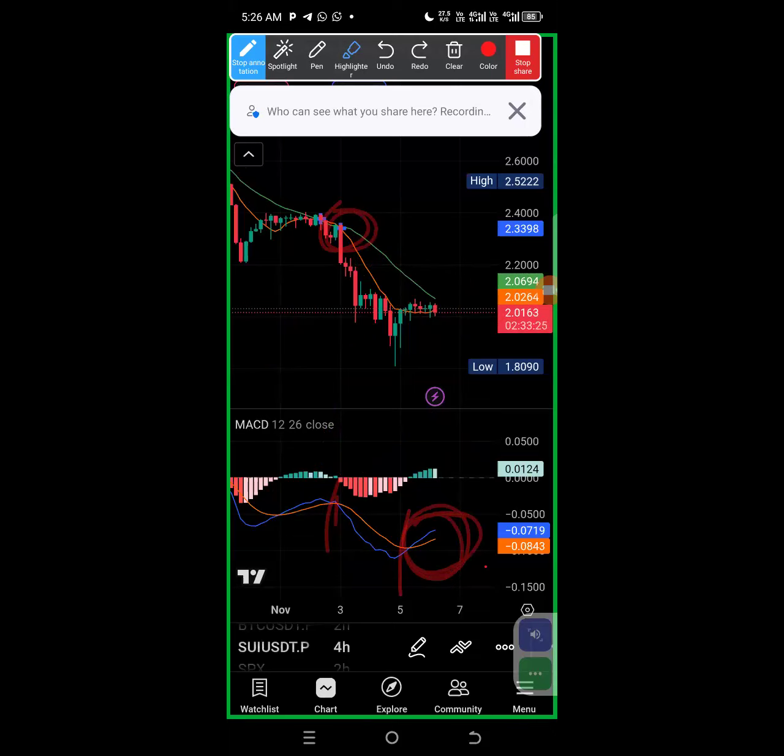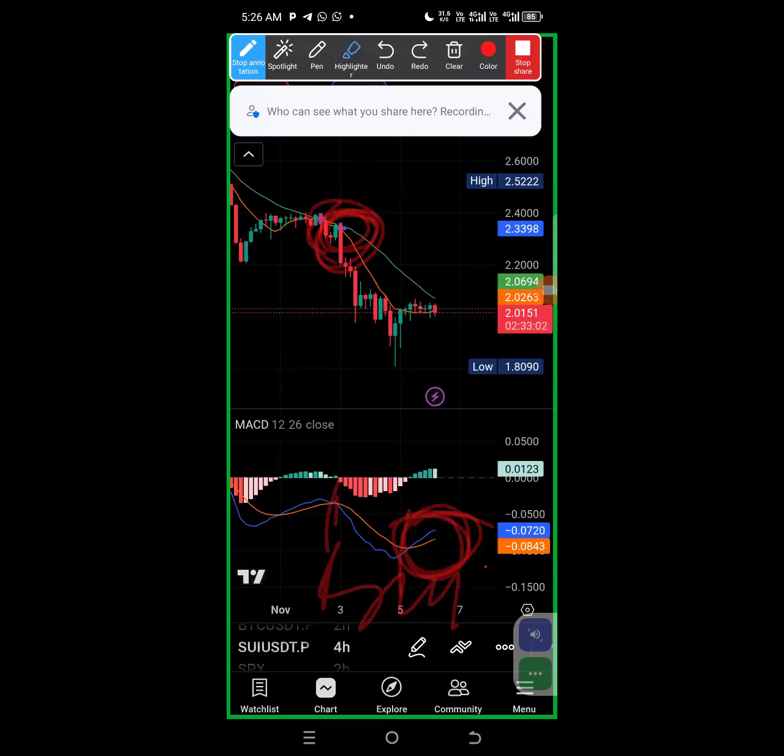So you could see that the MACD has given you the signal that no, the thing is changing. It is now becoming bullish. Yet there has not been any trend indicating that it is bullish. This is the reason why you need to wait. This is because they are not speaking the same thing.